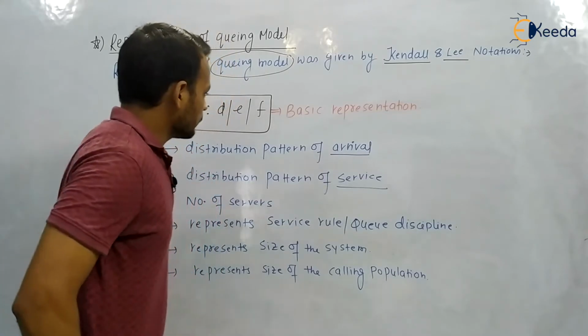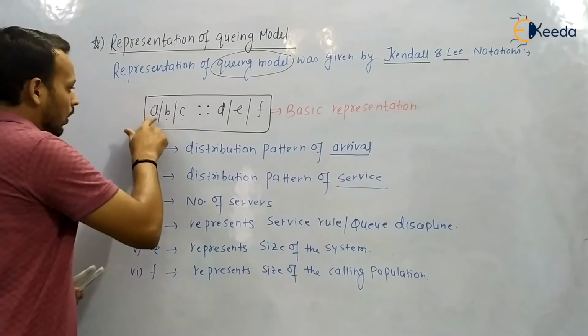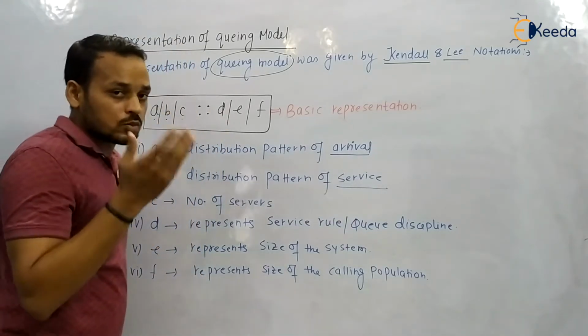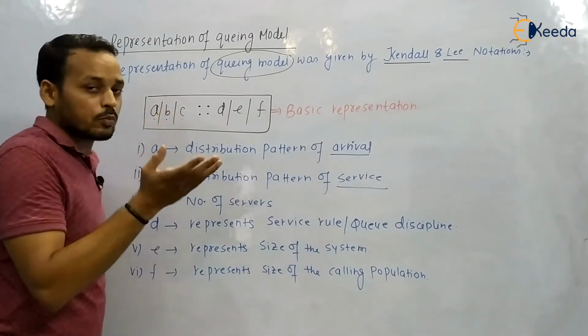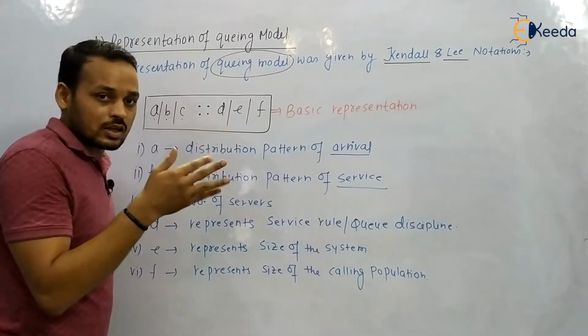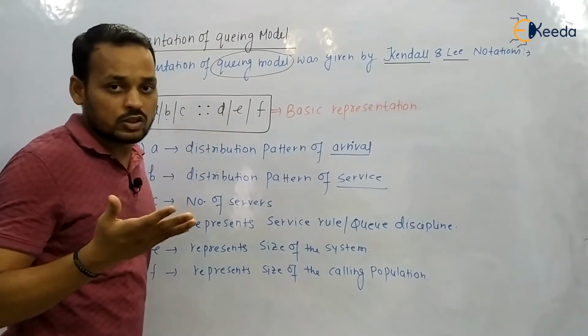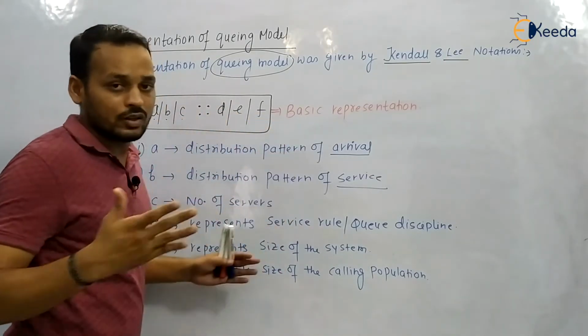Okay, so what are going to be the distribution patterns? Just by looking at those notations, we can find that this is going to be this type of pattern, one single server or multiple servers. By looking at D, we can see what is going to be the queue discipline or service rule, what is going to be the size of the system, and what is going to be the size of the calling population.